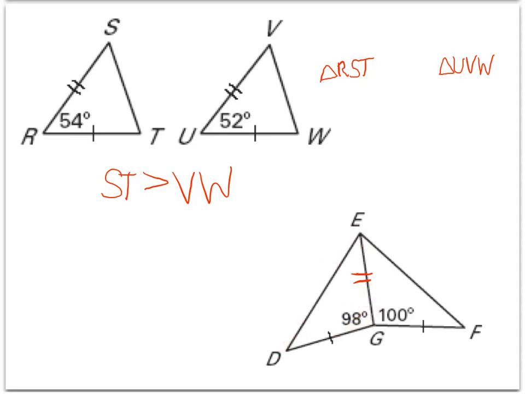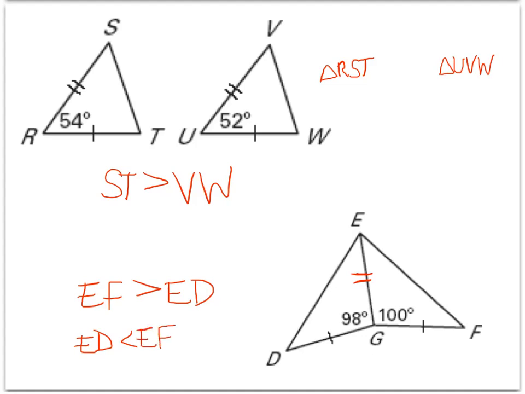So EF should be larger than side ED. Side EF is greater than ED. Another way to write that is, well, side ED is smaller than side EF.